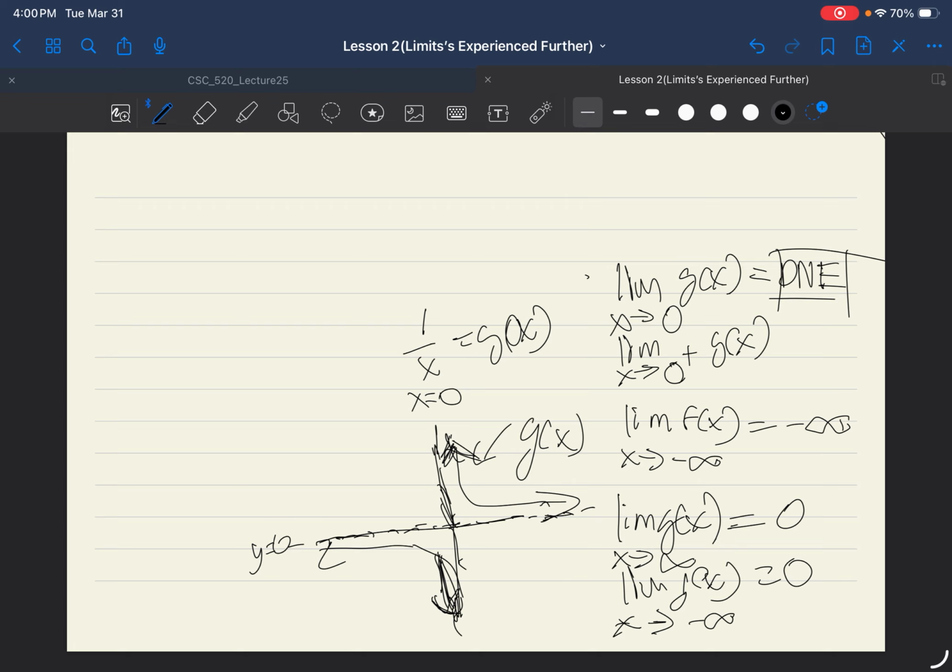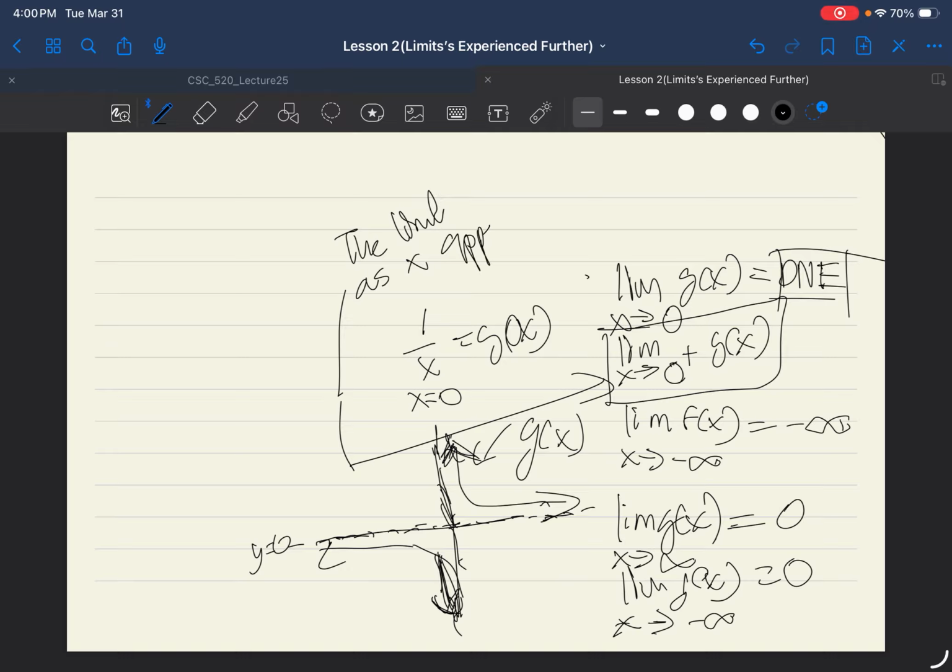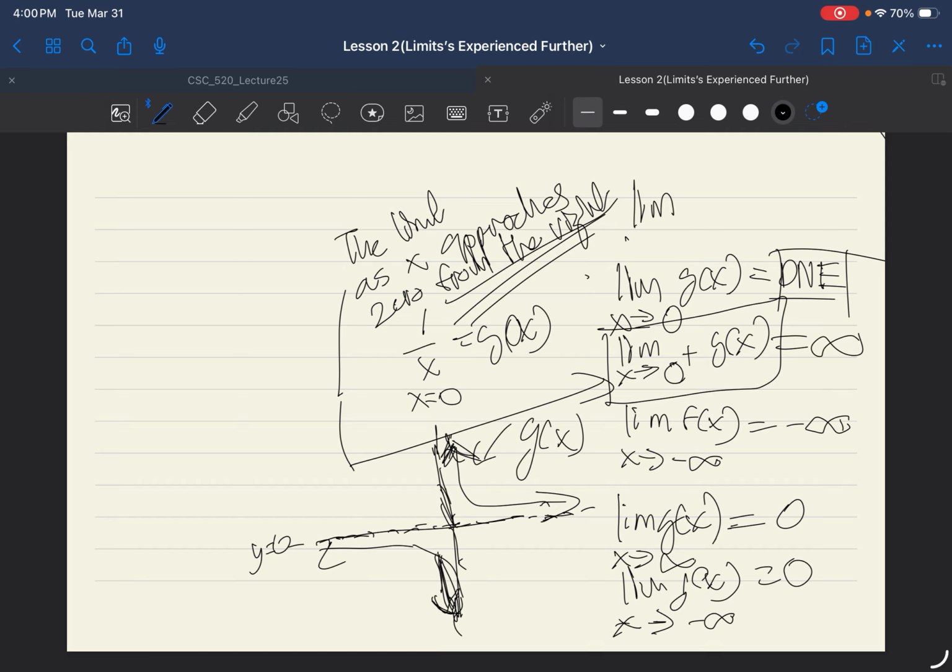So the limit as x approaches 0 from the right, I'll write this out, this is incredibly important, will be equal to infinity. And the limit as x approaches 0 from the left side, as we can see, it's represented by this minus symbol, is going to be negative infinity. All right?